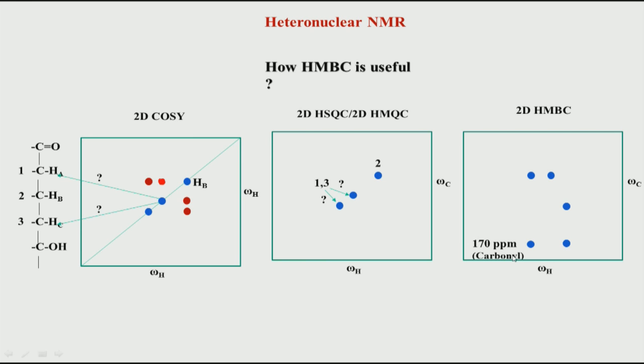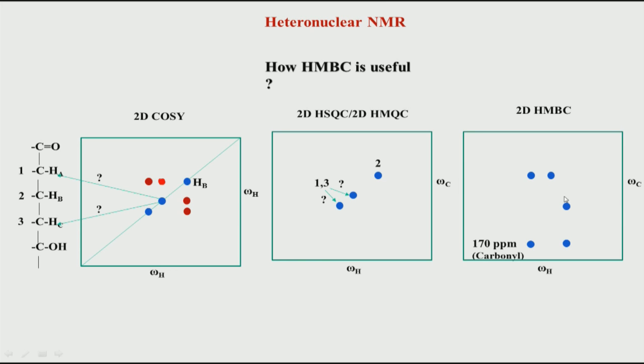Remember, according to our carbon chemical shift scale, a carbonyl comes around 170 ppm, and we have a carbonyl in our molecule. Here I am seeing a correlation corresponding to a carbonyl. Remember, this proton where my arrows are pointing corresponds to the proton and carbon number 2. Okay.